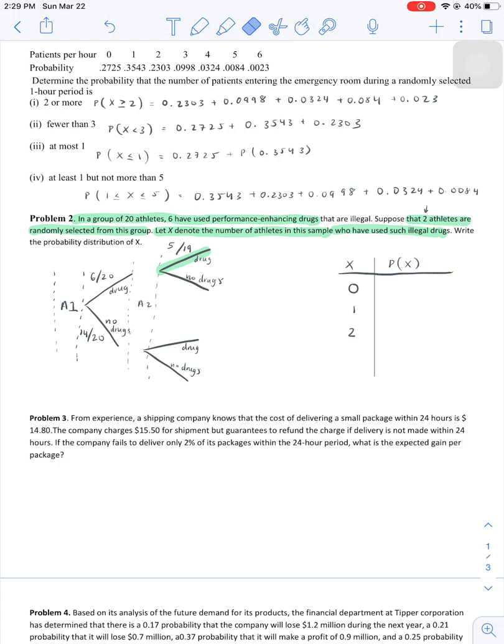Now let's suppose athlete 1 took the drug, but the second athlete did not. Again, my denominator will be 19. My numerator will be 14, because the first athlete took the drug, so there are still 14 that did not.